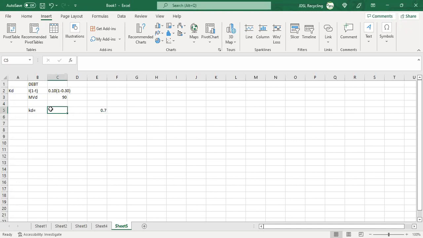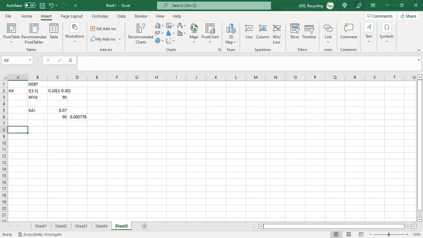Then 0.7 multiplied by 0.1, that is 0.10 multiplied by 0.7, gives us 0.07. Divided by 90. So this will now be equals to 0.07 divided by 90. So the cost is what? 0.000778. That is the cost.